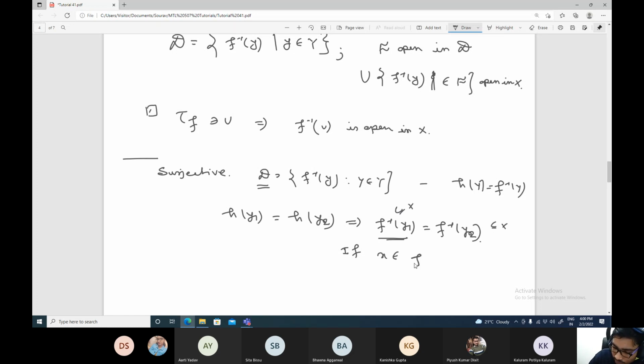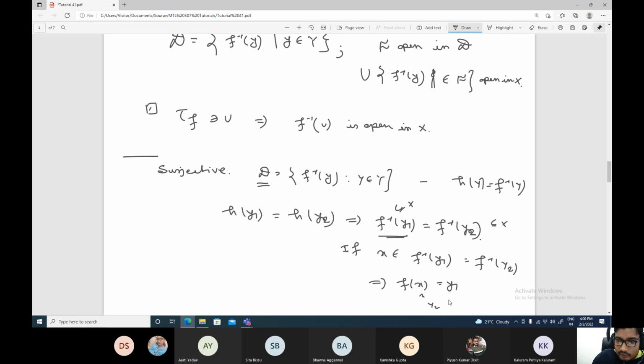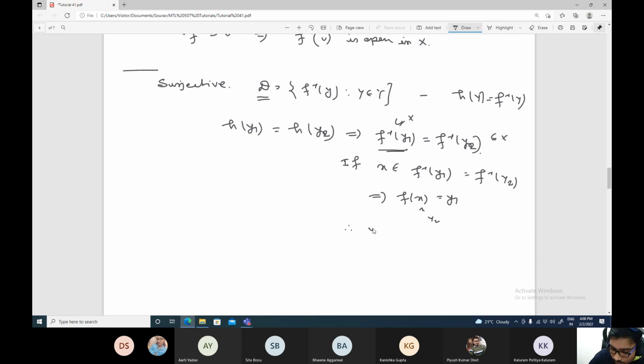So x belongs to f inverse y1 equal to f inverse y2. So this will imply f x equal to y1 and this f x is again equal to y2, and therefore y1 equal to y2. So thus h of y1 equal to h of y2 implies y1 equal to y2. So h is a bijection. Clear?